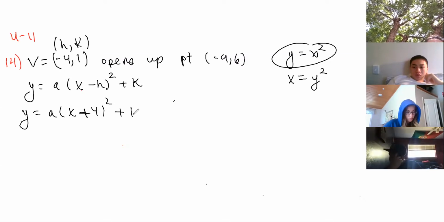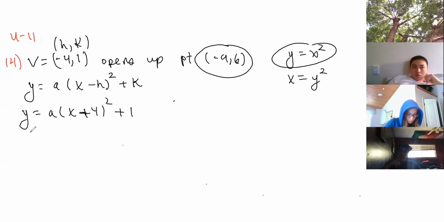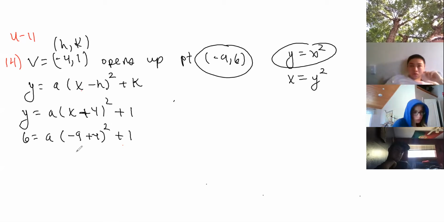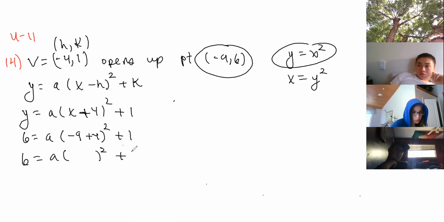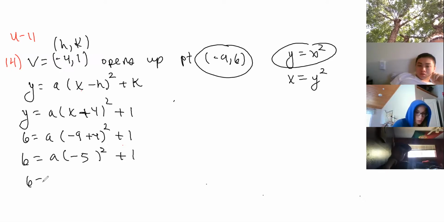Okay, how do I find A? Plug in the points. 6 equals A, x is -9 plus 4 squared plus 1. What's -9 plus 4? -5. And -5 squared? 25.